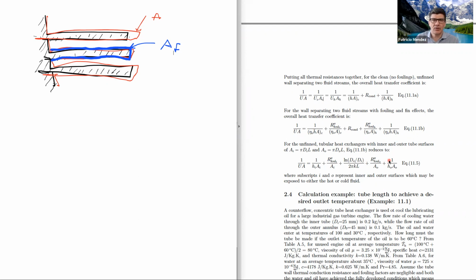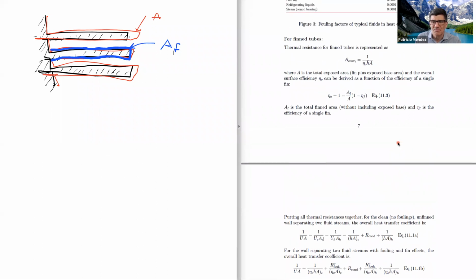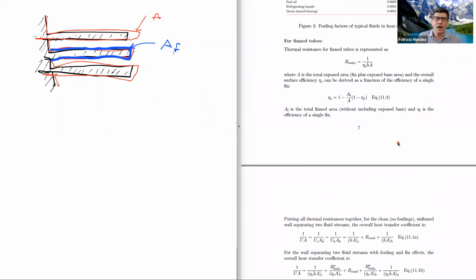I included them here just to discuss them with you so you see what they look like. But really, we already knew this. We already did the overall heat transfer coefficient under many circumstances. The only new thing I brought up here is how you account for a system of fins using this eta naught.